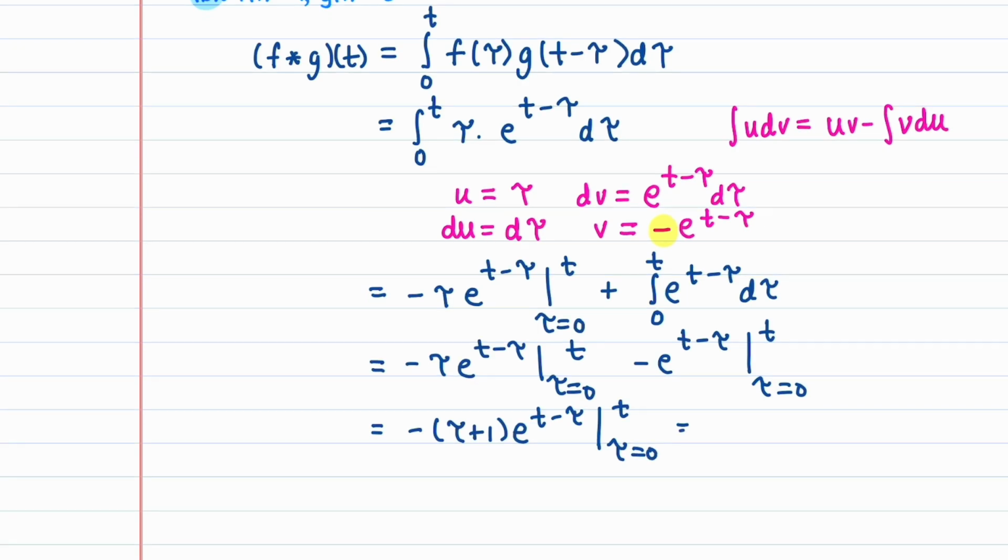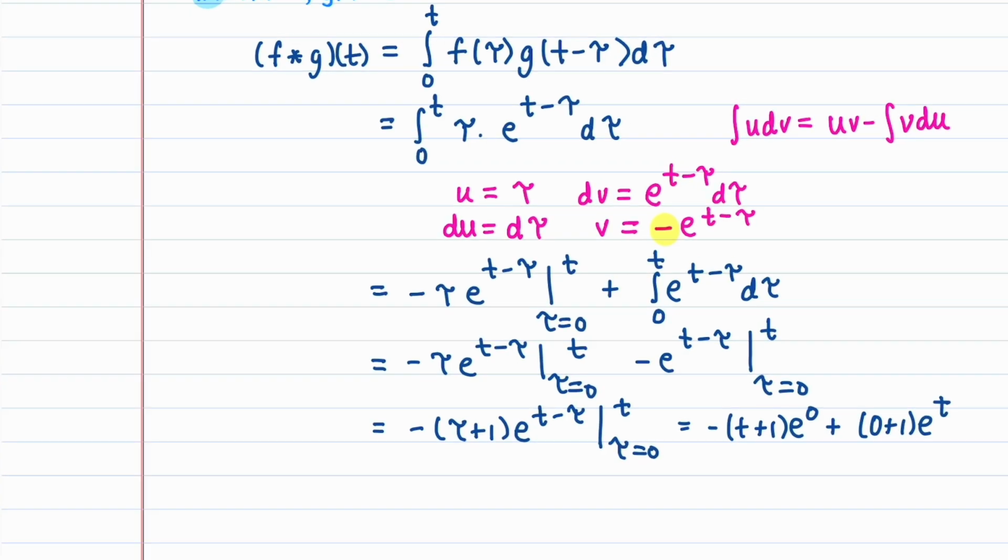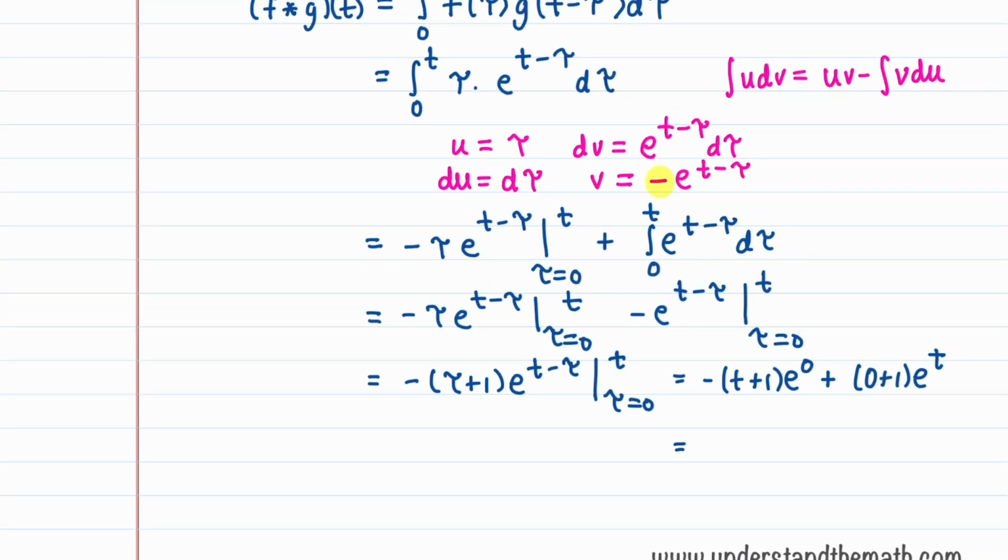This is equal to minus t plus 1 e to the t minus t, so that's just e to the 0, minus a negative, so plus 0 plus 1 e to the t, and we can write our final answer as e to the t minus 1.